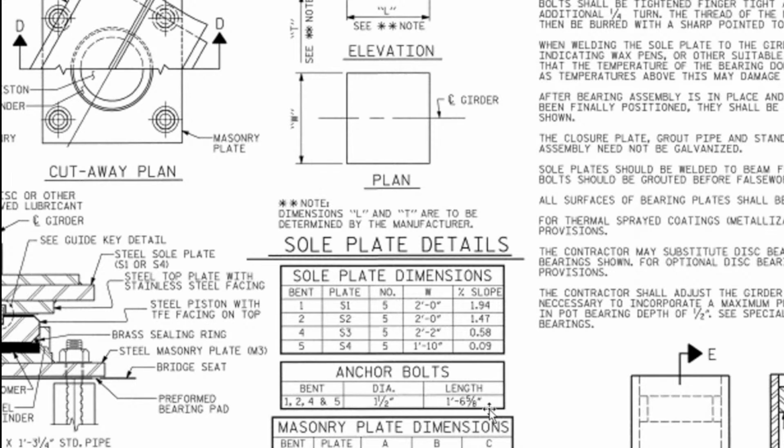So we have anchor bolts dimension 1.5 diameter with length 1 foot and 6 5/8 inches. So that is the anchor bolt dimension. Then here the masonry plate. This one is the masonry plate dimension. So ABC dimension.